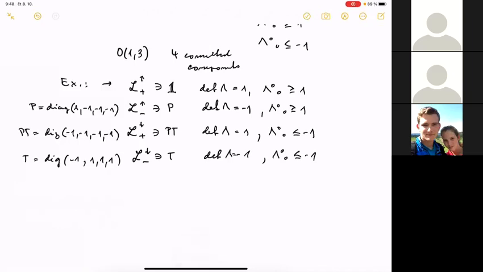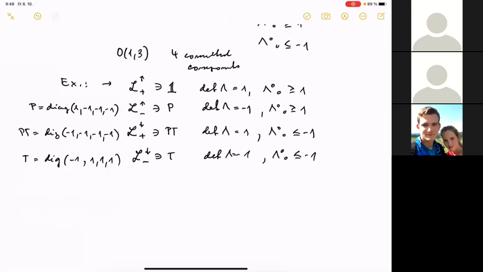The elements of these connected components cannot be connected to each other with a continuous curve which interpolates continuously between the elements of the group.